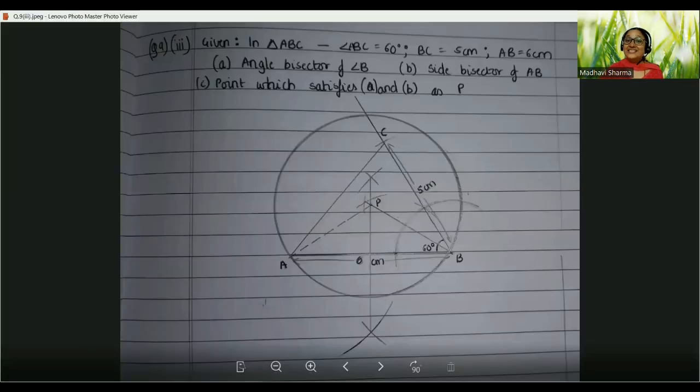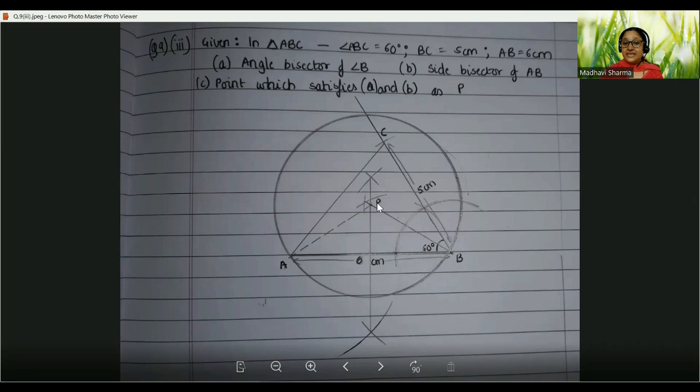Okay, it's written very nicely here. She's written very nicely. Angle ABC is 60 degrees, and BC is 5. This side is 6. The base is 6. We always take the longest side as the base. First, the angle bisector of B. Yes, she bisected B, so this is the angle bisector.